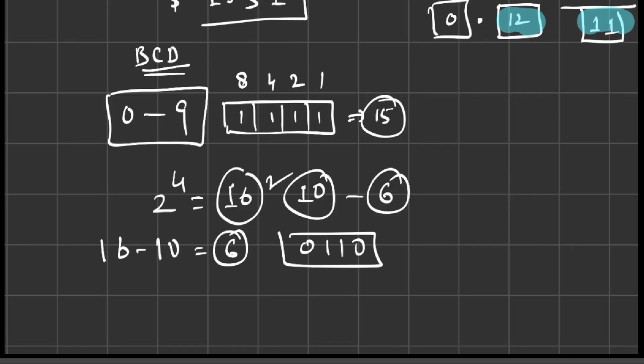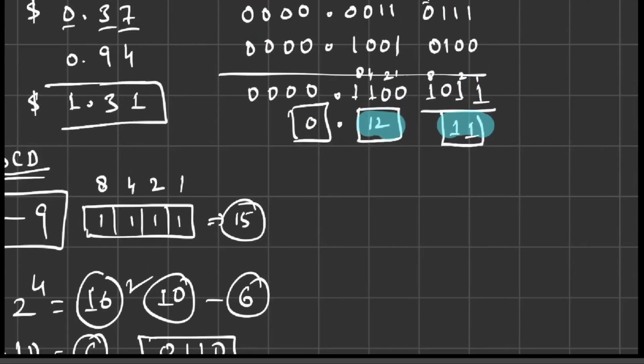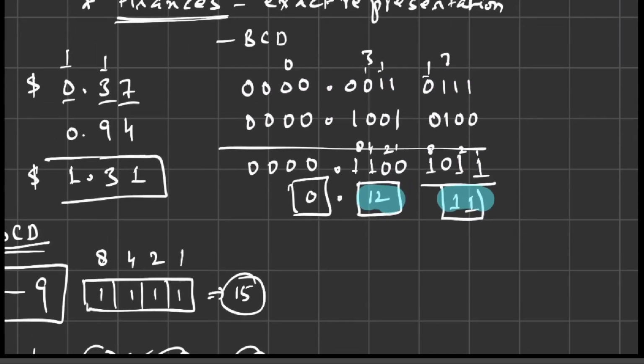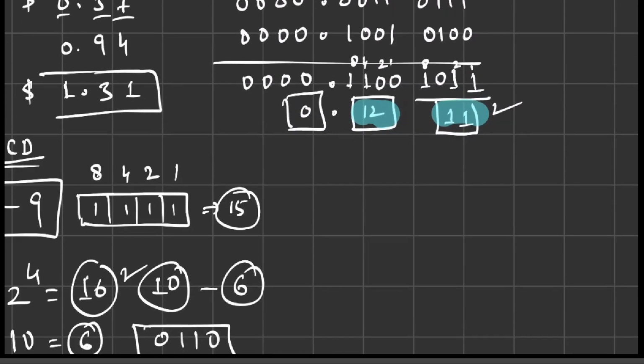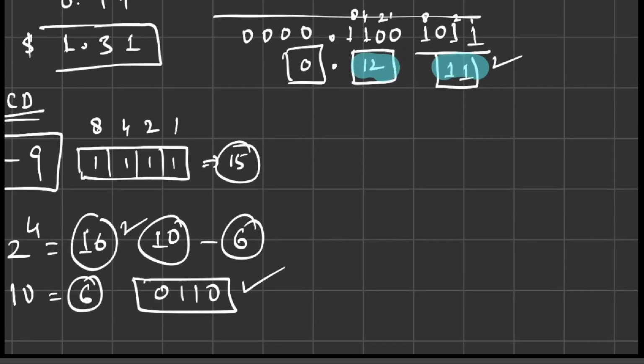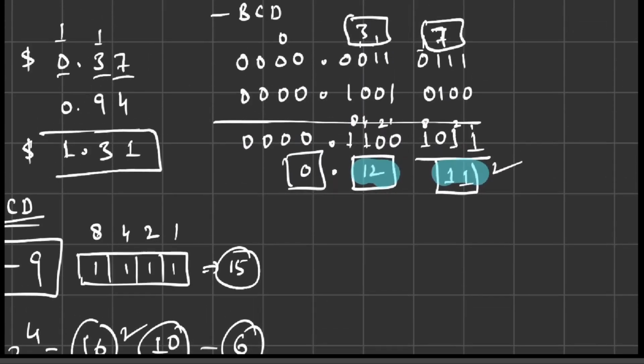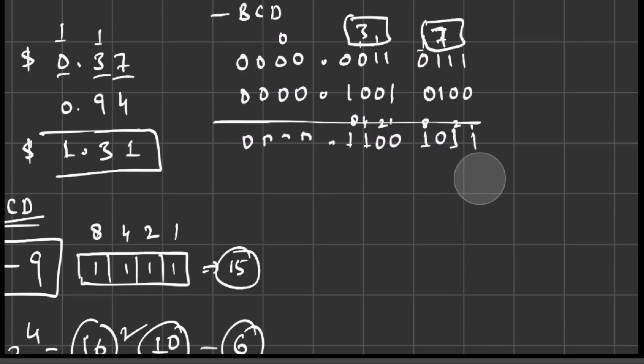0110. Now the solution to this error: whenever we get the representation for a digit, if it exceeds 9, we are going to add 0110 to it to correct it. All right, so let's do this. Let me remove it.